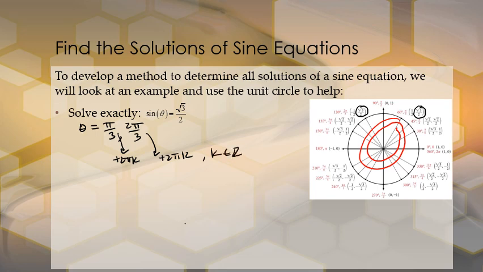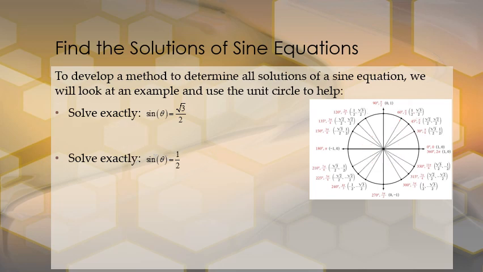All right, let's go to the next one. Solve exactly, and I'm going to go ahead and clear my screen so you can see what's on there. Solve exactly, sine of theta equals 1/2. So let's see, where is the sine 1/2? It looks like that's happening right here at pi over 6, and it's happening right here at 5 pi over 6.